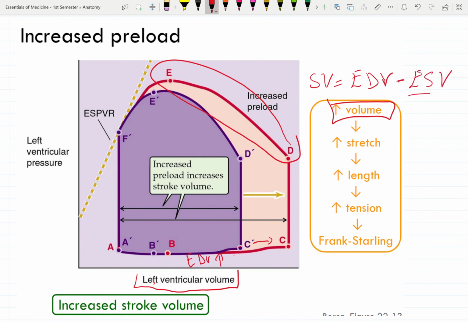The end systolic volume remains the same, and that can be seen on point A. C, we observe that it changed from C prime to C. Okay, so once you have an increase in end diastolic volume, that difference is greater. And when the difference is greater, stroke volume is increased.